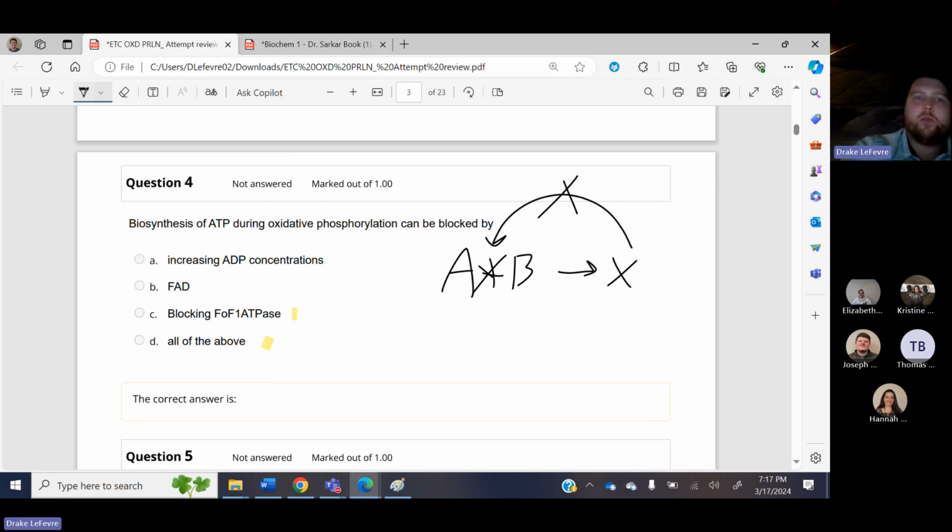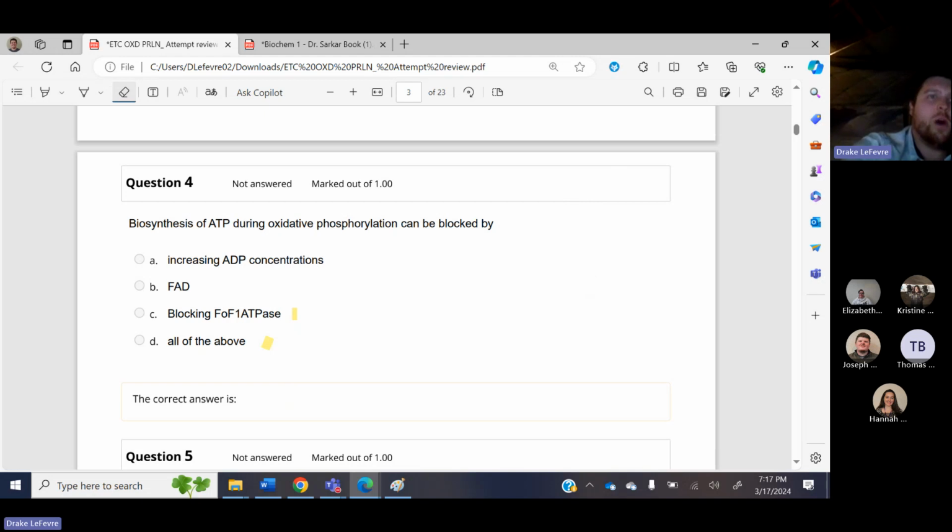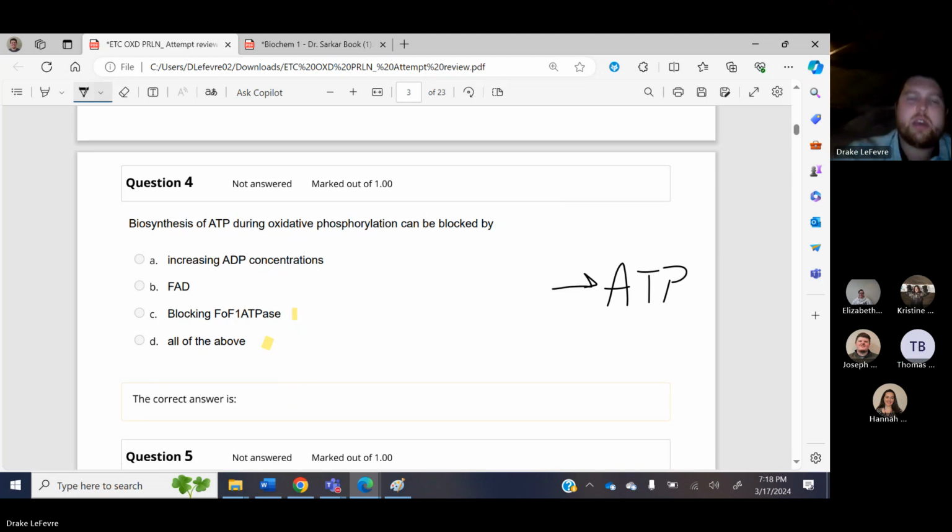Yeah. So if we look at this question, let's say in the electron transport chain, our end goal is what? What are we trying to create? ATP. So what do we put together? We have energy from the hydrogens plus the ADP plus the phosphorus to get ATP, right?